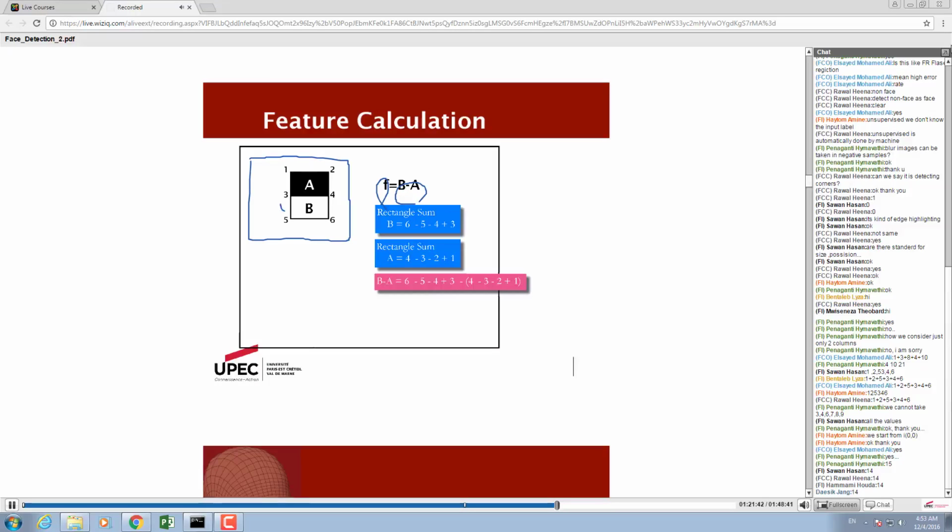If we have the integral image, this is the integral image on top of the image, then we know the position of the B rectangle.